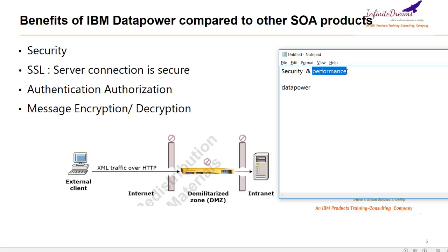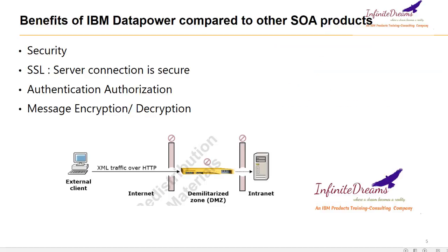As we discussed, all these types of security we can implement with ESB, but in ESB your performance will come down drastically, whereas in Data Power the performance will not come down. So the question comes, how is performance good in Data Power? The answer lies in the next slide.